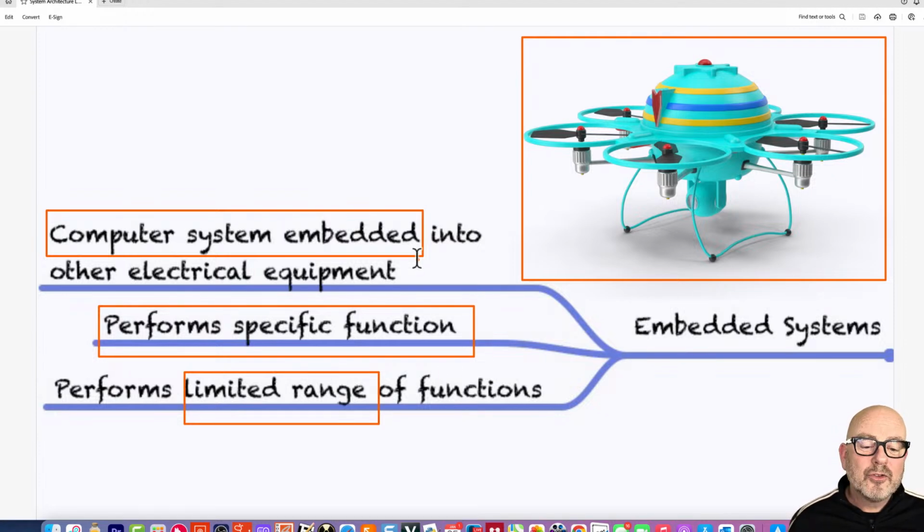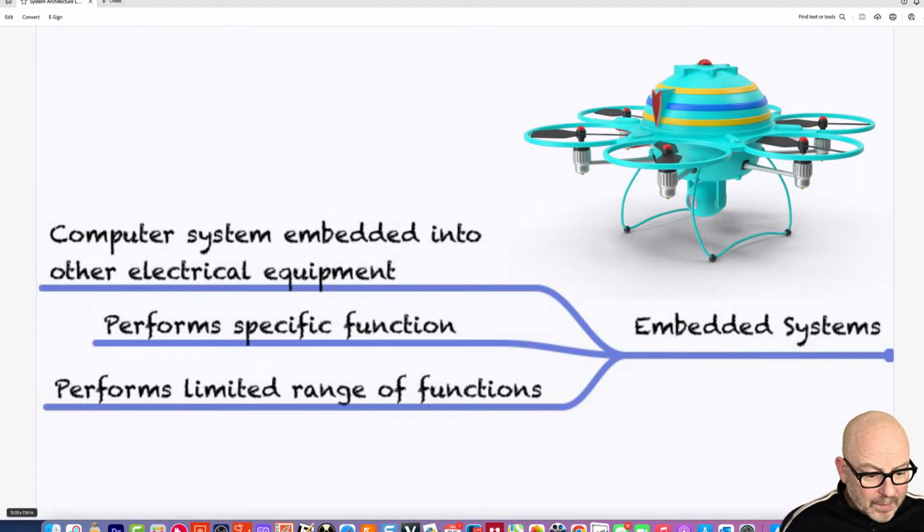So stick with trusty things like remote control car or washing machine, tumble dryer, fridge, those sorts of things, because they do have embedded systems, they do have CPUs. If you think about a washing machine, it's got, I don't know, 6 to 10 cycles, and that's it. It's only got 6 or 10 things that need to be programmed, so it's a limited number of functions. Right, that is your embedded systems, done and dusted. We have sailed through this.